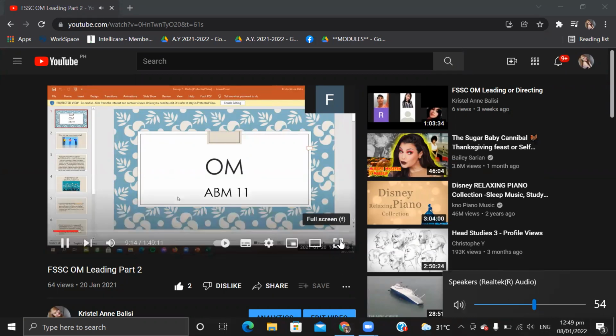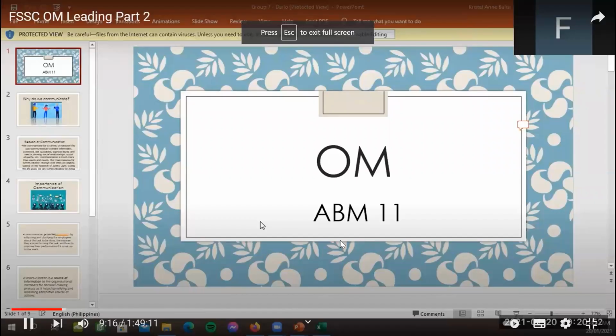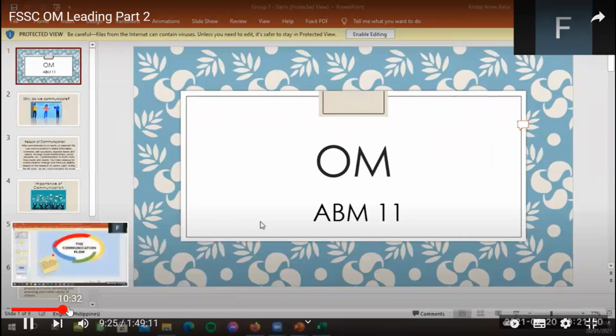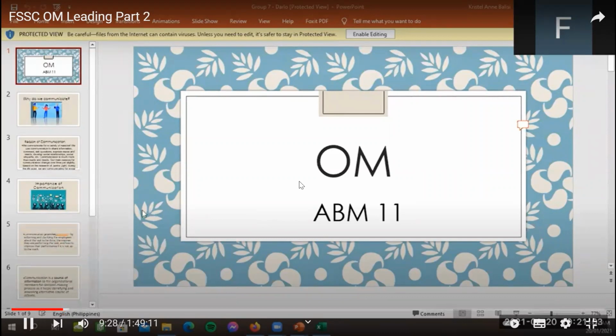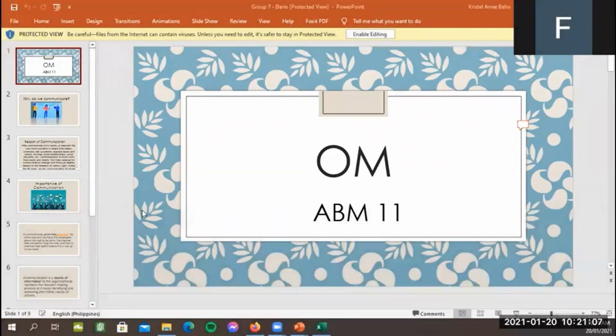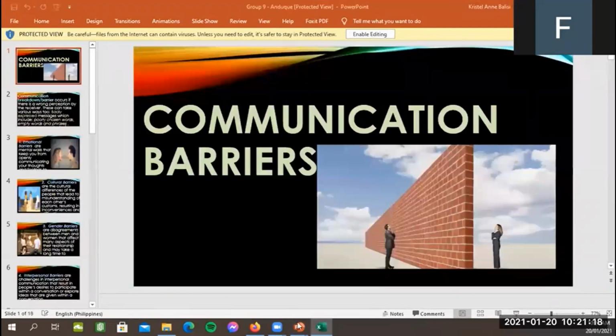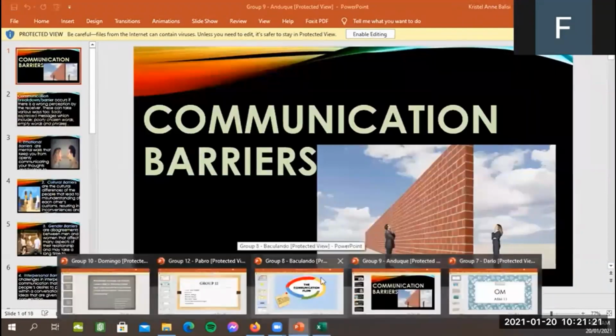Okay. Mukhang wala pa rin yung group nila Darlo. Andiyan na ba kayo? Ilaktawan muna natin sila. Group 8 tayo, grupo nila Bacolando.